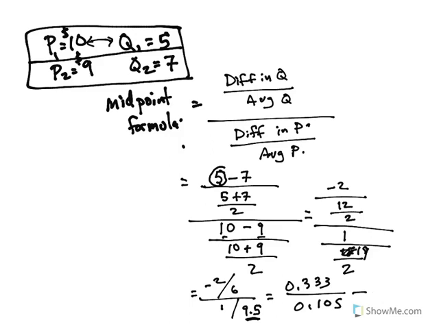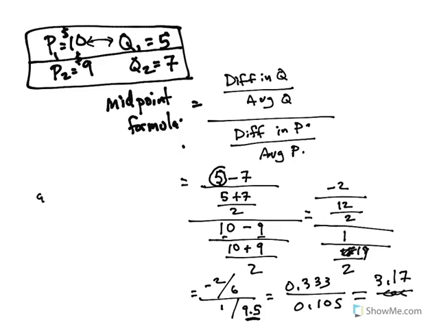So 0.33 divided by 0.105 is 3.17. So the price elasticity of demand between these 2 points was 3.17.